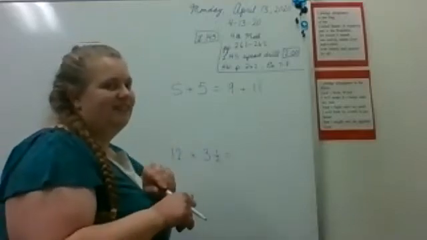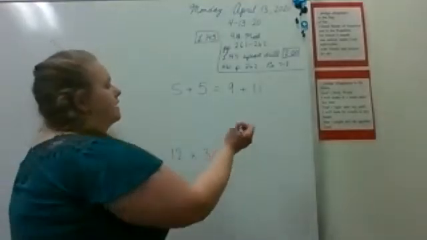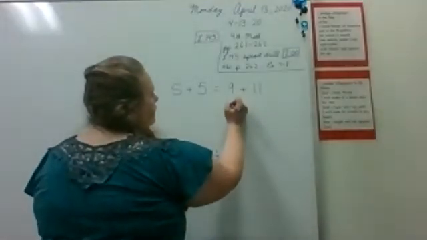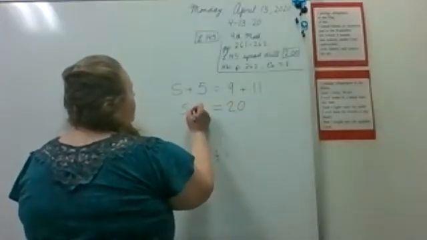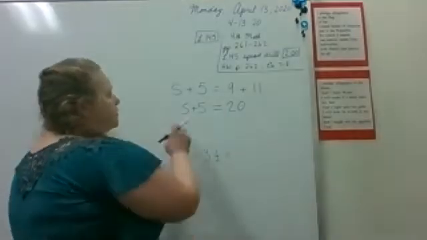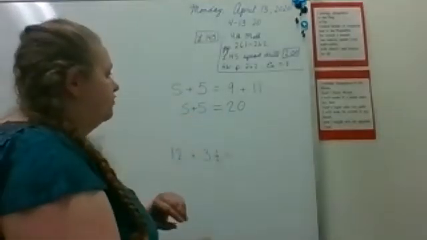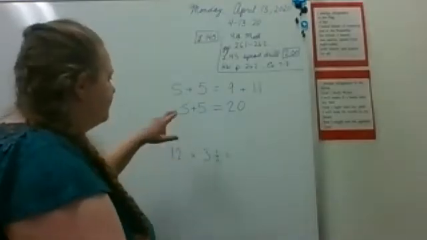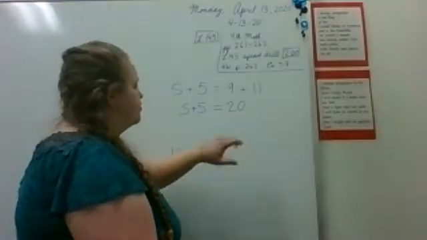Which side is that? 9 plus 11, okay? So 9 plus 11 is what? 20, very good. So we have S plus 5. Make sure that you distinguish an S from a 5 really well so that you don't get them confused, okay? S plus 5 equals 20.